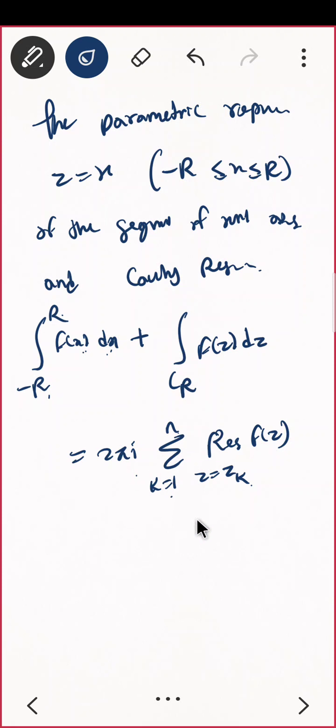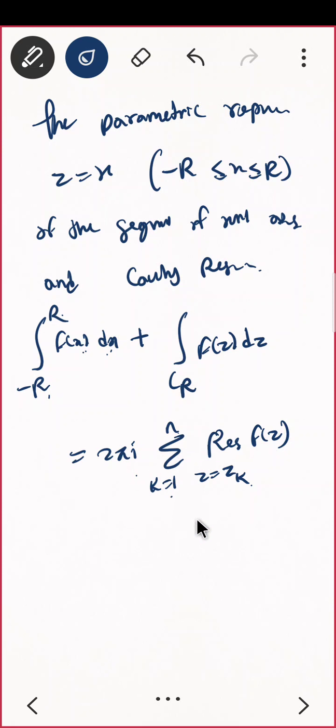Now let me see one thing. What happens if I take the limit r goes to infinity? So this thing is a constant for me.